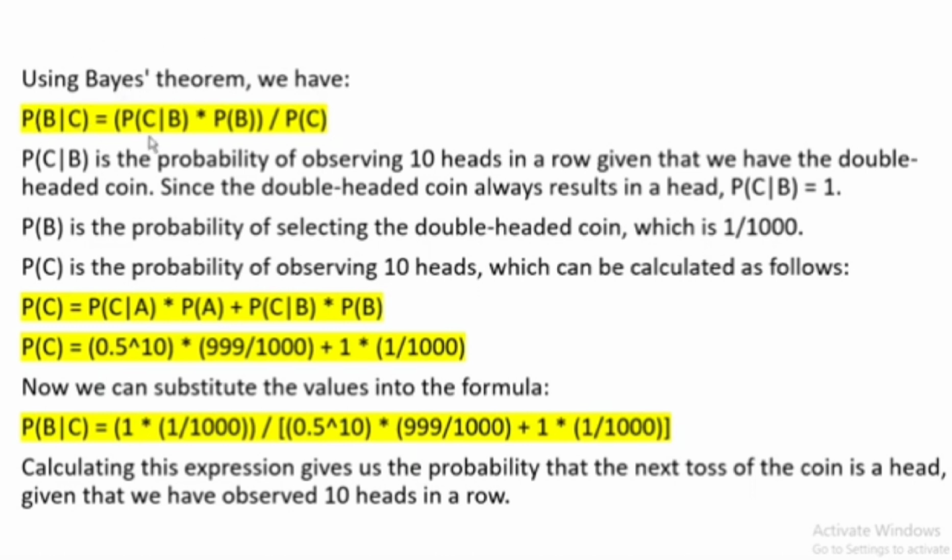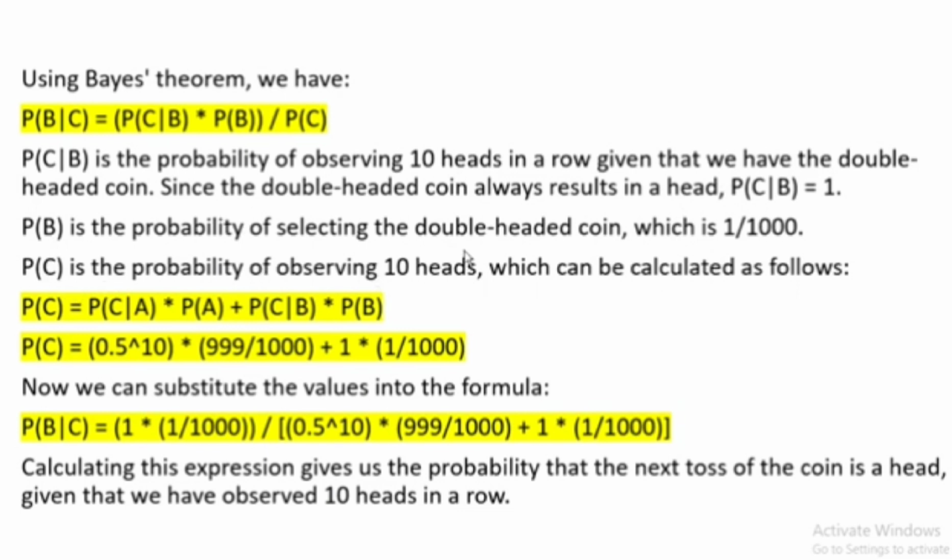This is the formula for Bayes' theorem. P(C|B) is the probability of observing 10 heads in a row, given that we have the double-headed coin. Since the double-headed coin always results in head, P(C|B) is equal to 1. P(B) is the probability of selecting the double-headed coin, which is 1 by 1000.